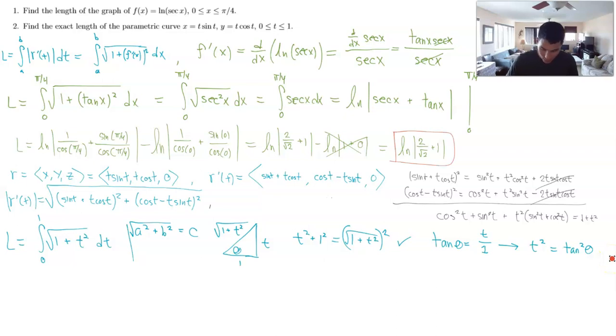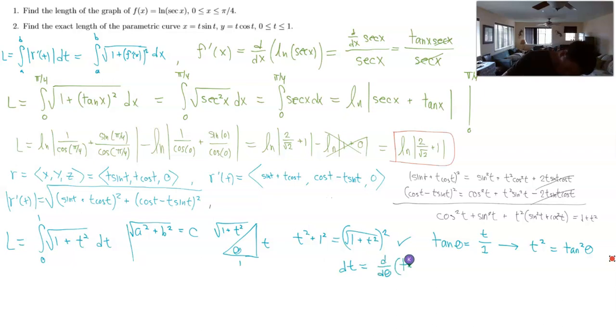Look at that. So if t equals tan theta, then we know that dt is equal to the d theta of tan theta, which is the derivative of tangent theta, which is just secant squared theta d theta.